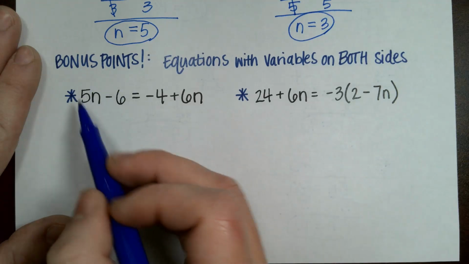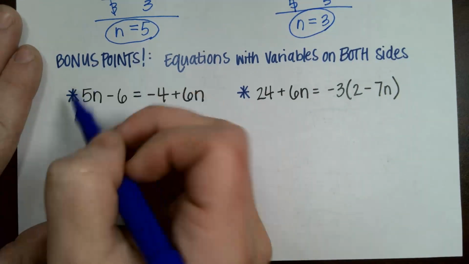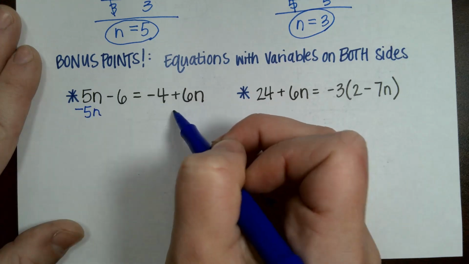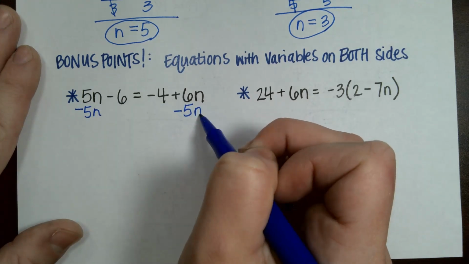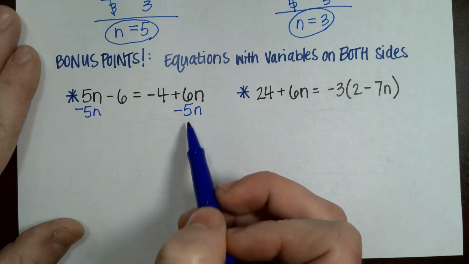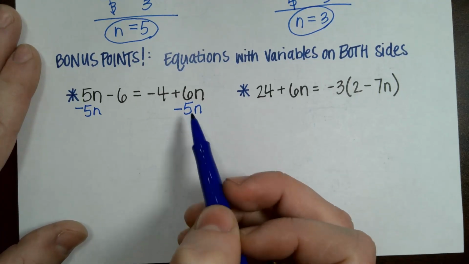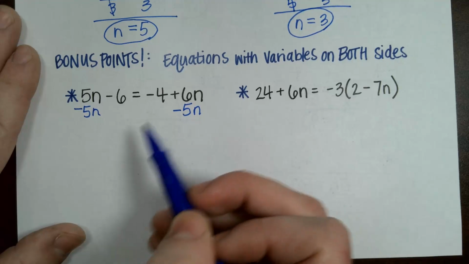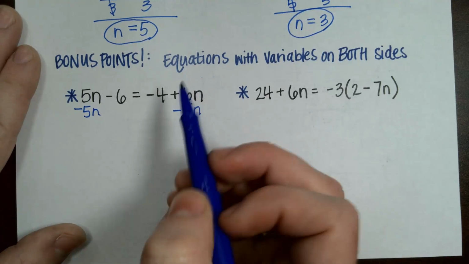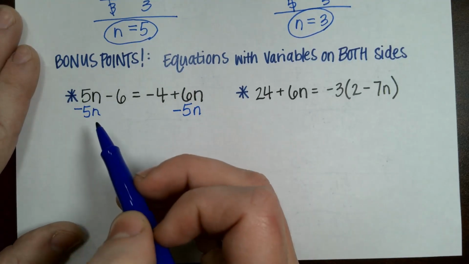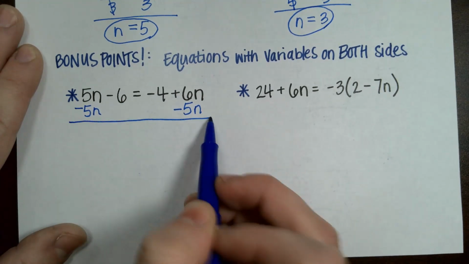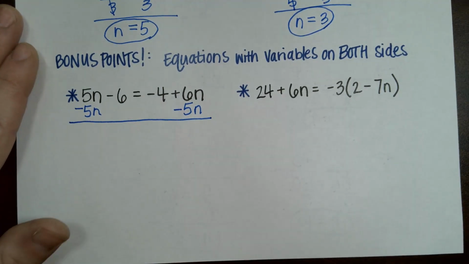The reason I'm thinking we'll do 5n is because whenever we subtract 5n from 6n, 6 minus 5 is 1. We're going to be left with 1n, which is just n. So we won't have to do any division if we do it this way. If I did it the other way, I would end up with a negative number, and I'd have to do some division there. Okay. What happens now?